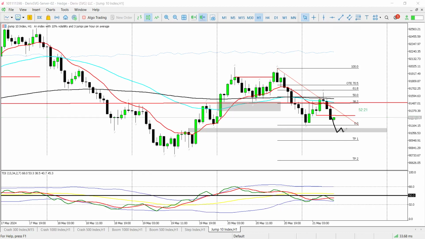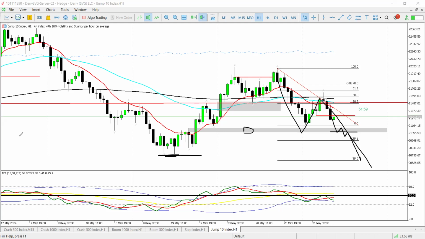But if it gets broken, price will most likely melt and take out these lows. This is a daily dynamic support zone. So if we break it, I feel like we'll get a nice acceleration to take out these lows, and this pattern will be complete.